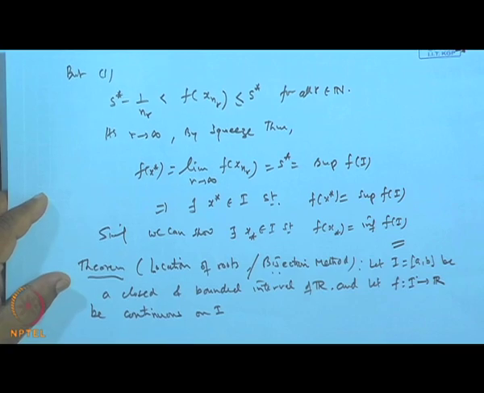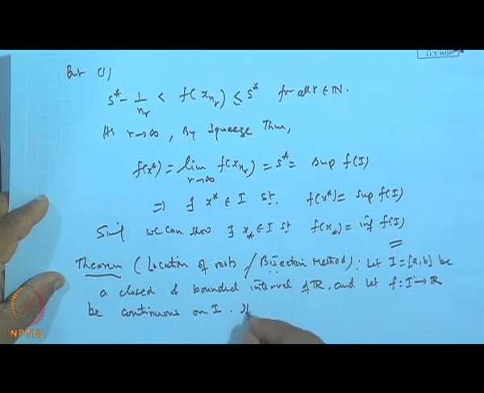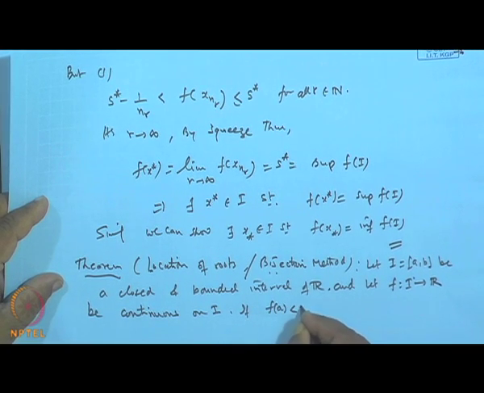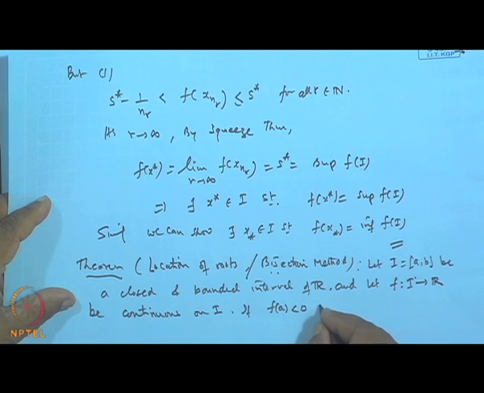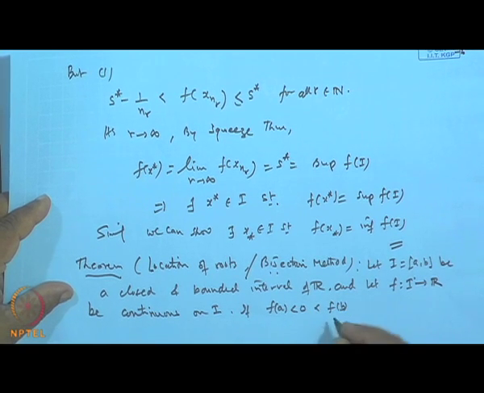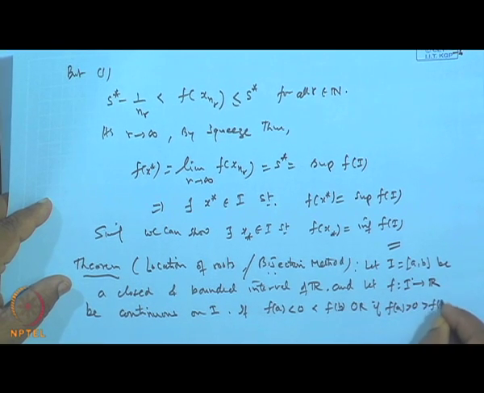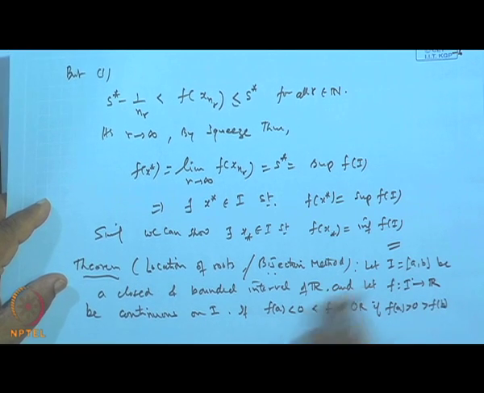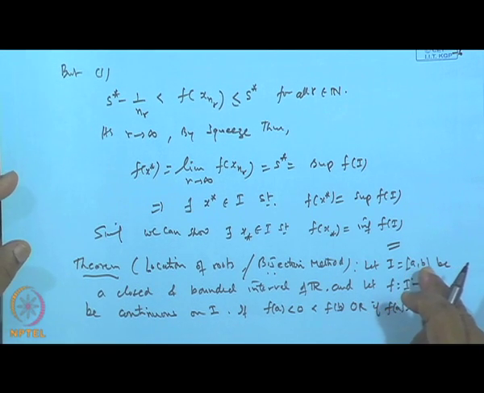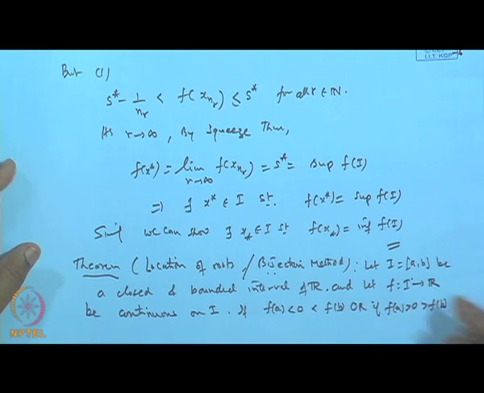Now, suppose at the point A the function is negative and at the point B it is positive, or at the point A it is positive and at the point B it is negative, that is, at the corner points the function attains different signs.